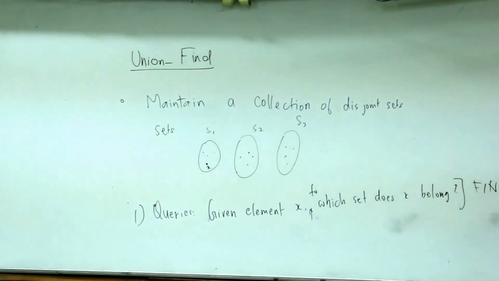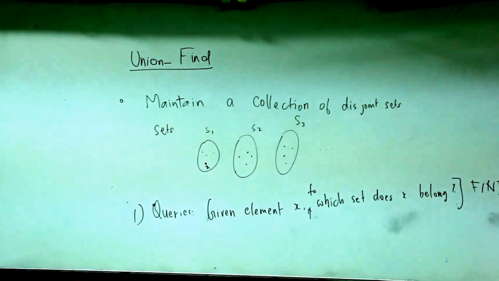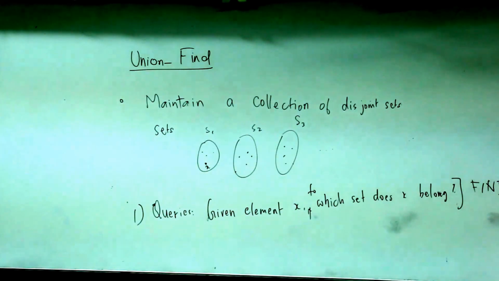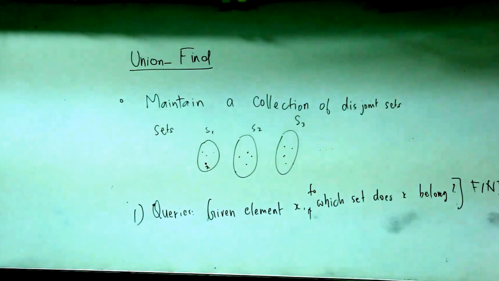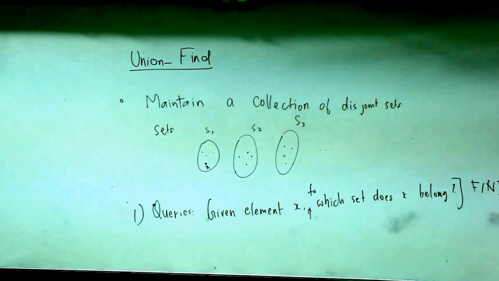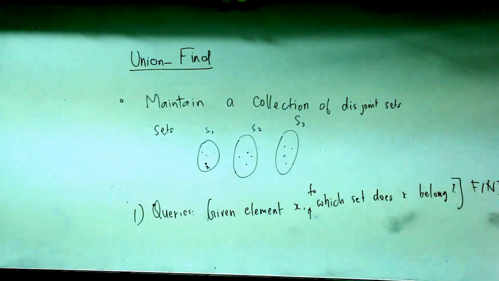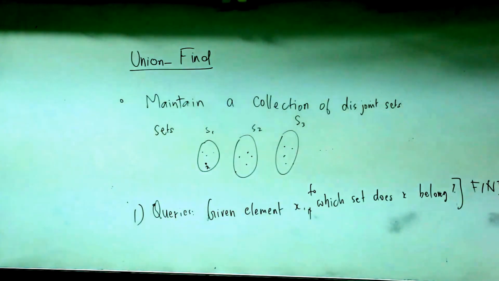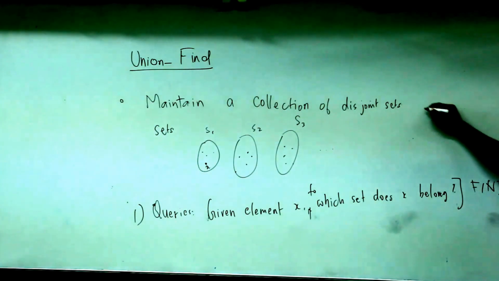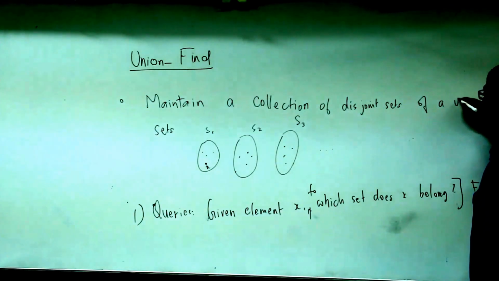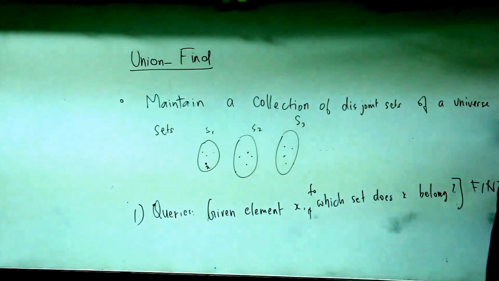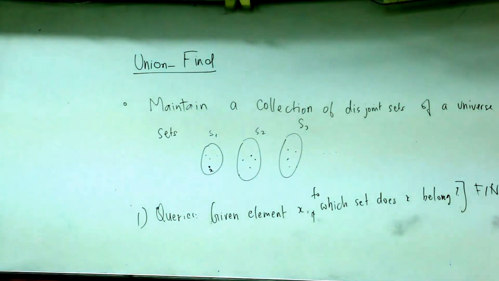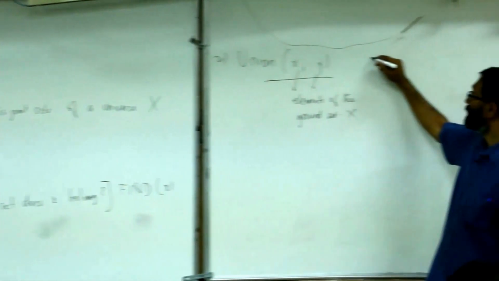The other operation I want to support is union, which can take two parameters, x and y, which are both elements of my ground set. Okay. So these are elements of the ground set, and what does the union operation do?